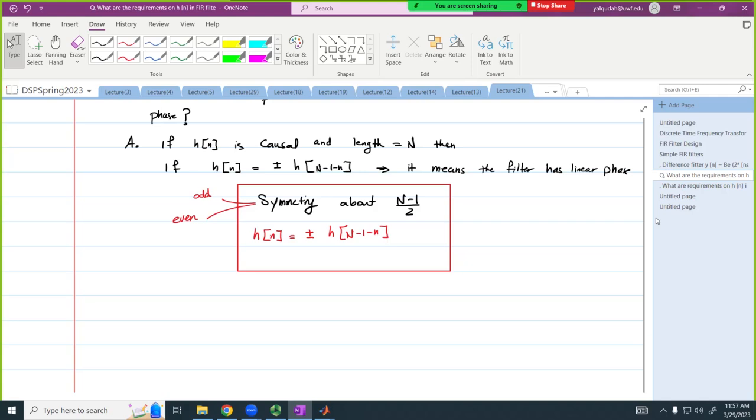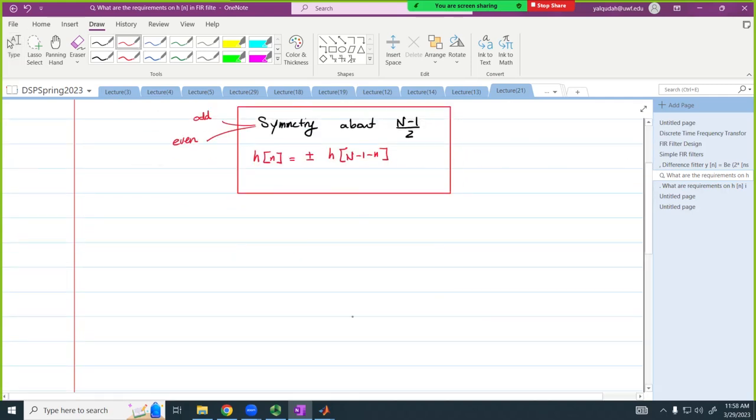So 4 different combinations. The first type, call it type 1, is when we have N that is odd and we have even symmetry.